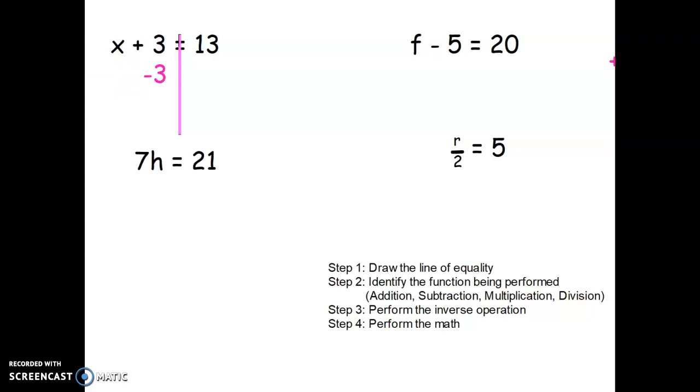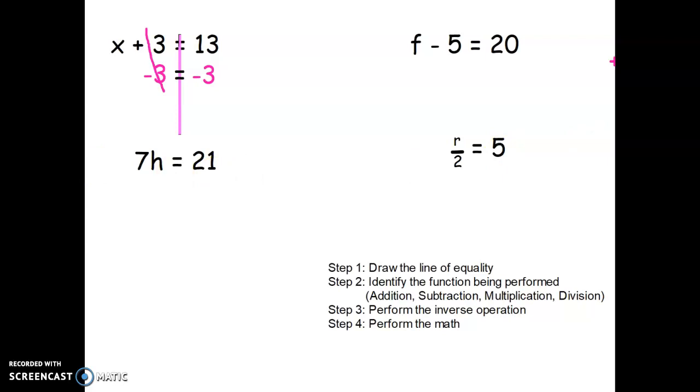So if I do that on the left side of the line of equality, I also want to do that on the right side of the line of equality. And what's going to happen here is I'm going to perform the math. That's the last thing that I have. Step 4, perform the math. When I do so, these two are going to cancel out. This 3 minus 3 is 0.